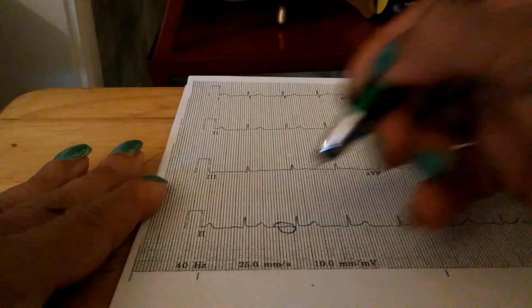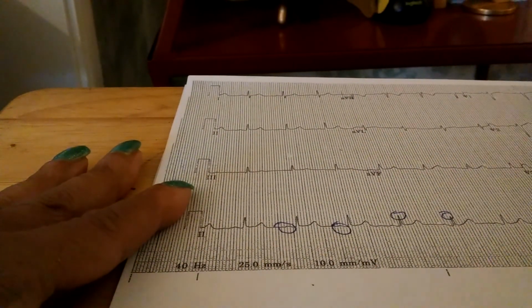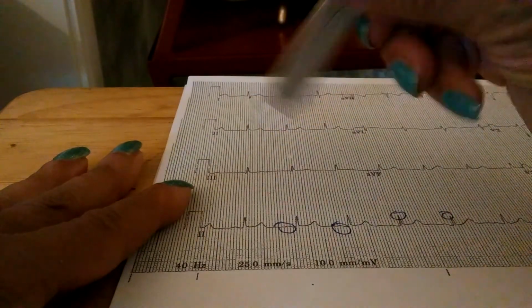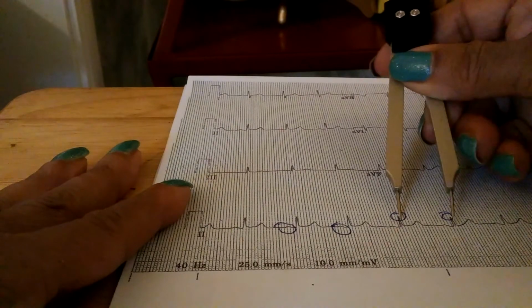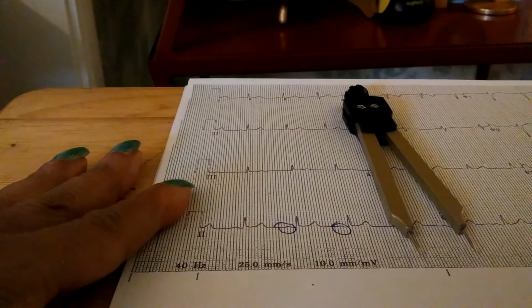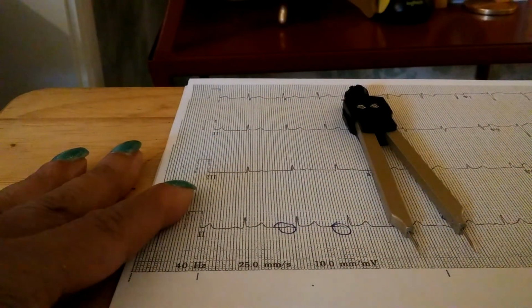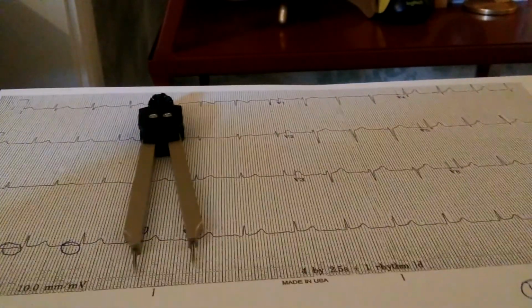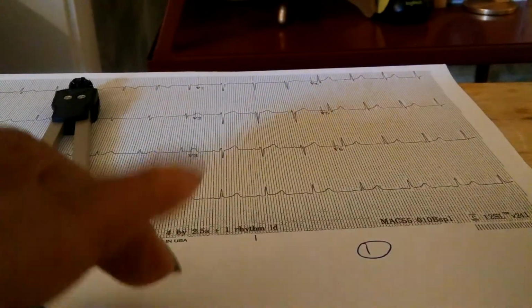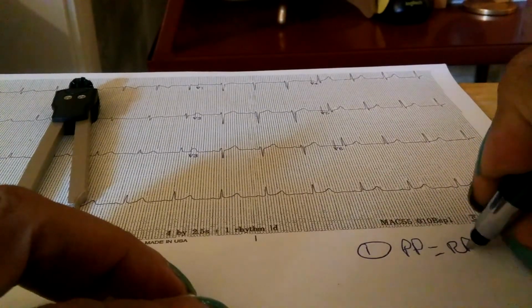This is a P, this is a P, this is an R, and this is an R. If P to P equals R to R, then you know your atria and ventricles are contracting at the same time. So you write number 1: P to P equals R to R.